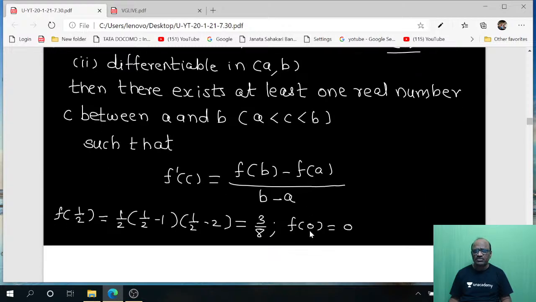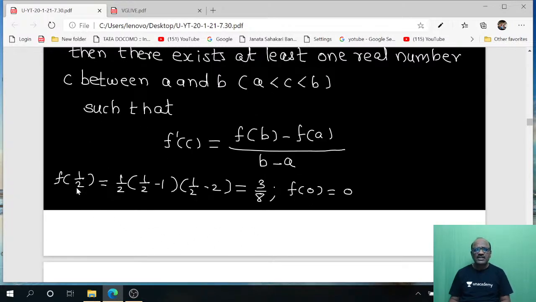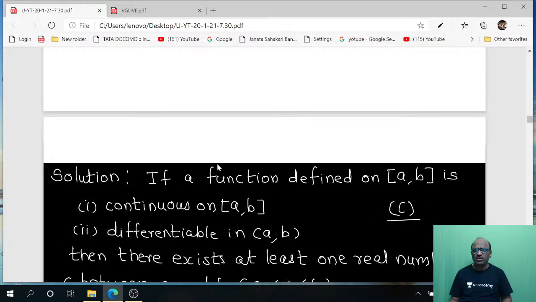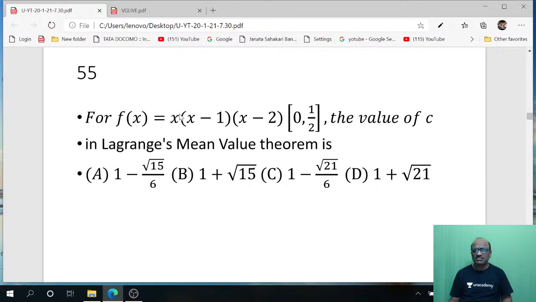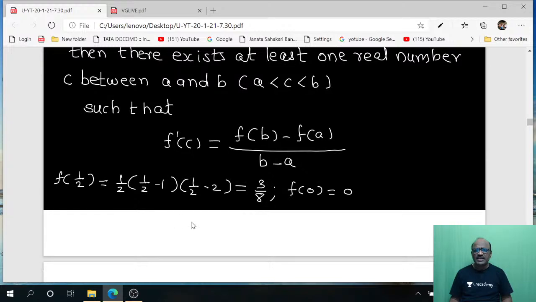Now we'll find the values. What is f(1/2)? Replace x by 1/2 in this polynomial. Then f(1/2) = 1/2 (1/2 − 1)(1/2 − 2), and after simplification you will get 3/8. And what about f(0)?